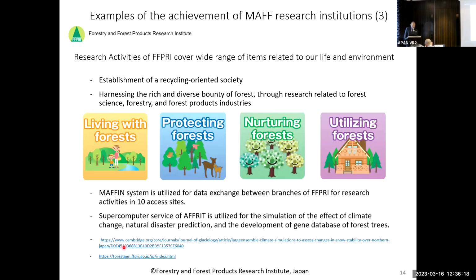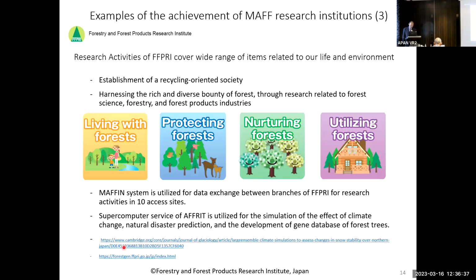The next example is the forestry research by the Forestry and Forest Products Research Institute, FFPRI. Forest research covers a wide range of items closely related to our life and environment.